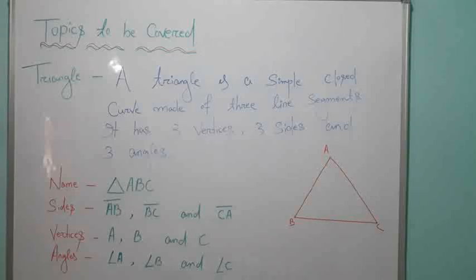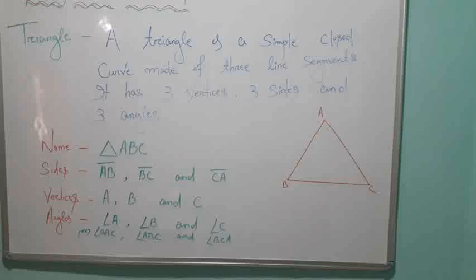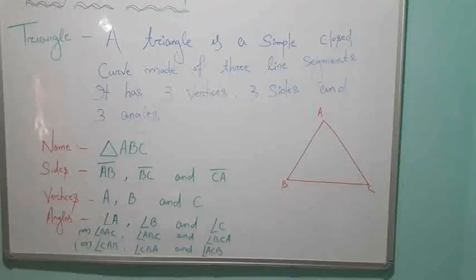You can also write these angles this way: BAC angle, ABC angle and BCA angle. And also you can write CAB, CBA and ACB angle. Interchanging of the points does not matter here, but you have to remember that you have to mention the vertex in the middle position where the angle is created.